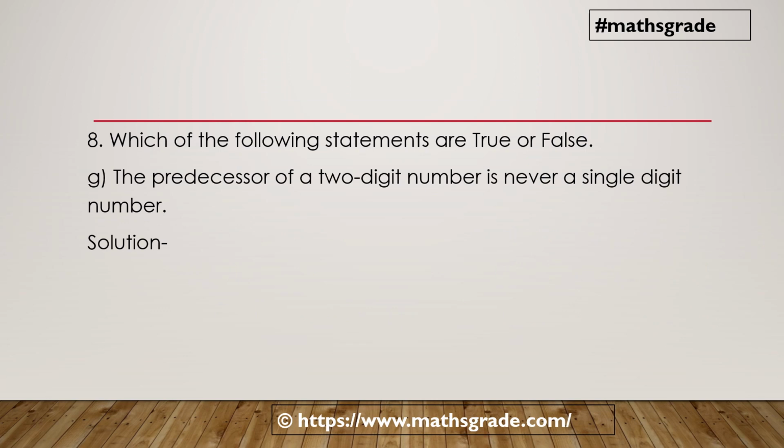Now question number G. The predecessor of a 2-digit number is never a single digit number. Predecessor of a 2-digit number. Suppose the 2-digit number is 10. The predecessor of 10 is 10 minus 1, which is 9. And 9 is a single digit number.